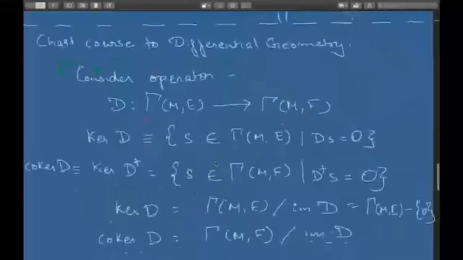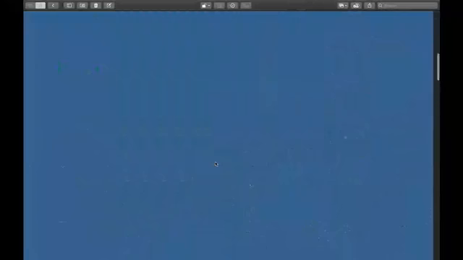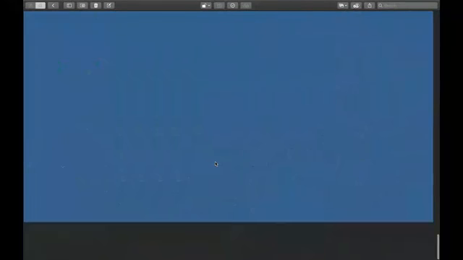Then we talked about how cochains and chains look like.